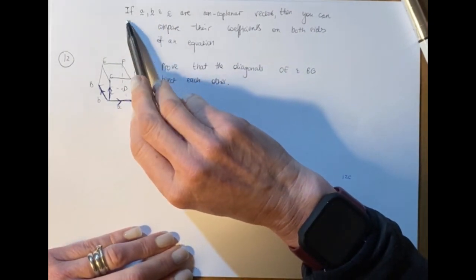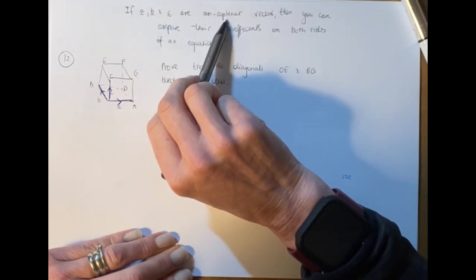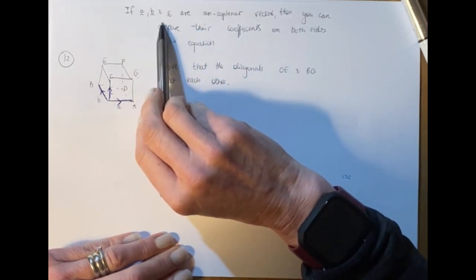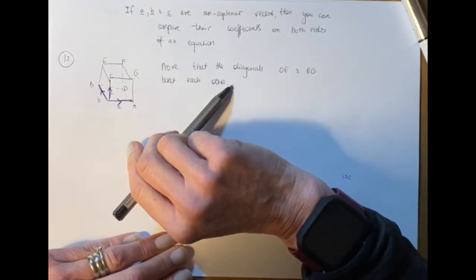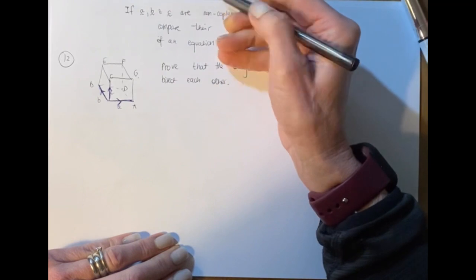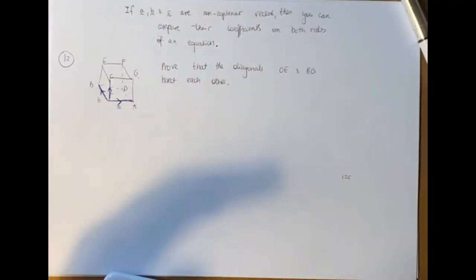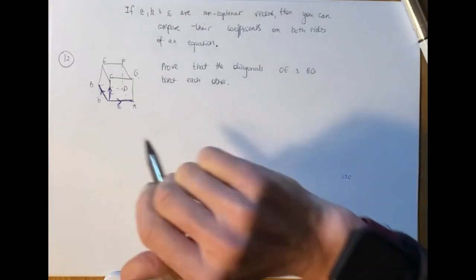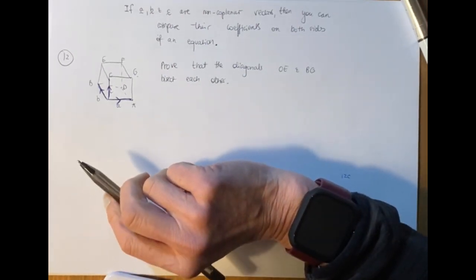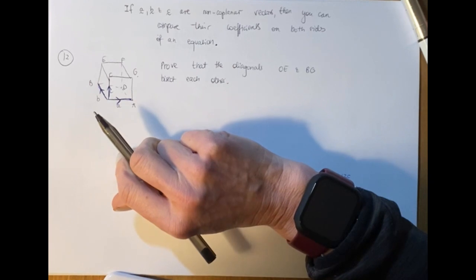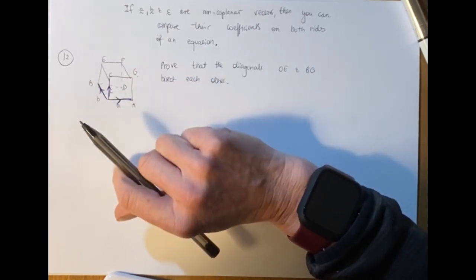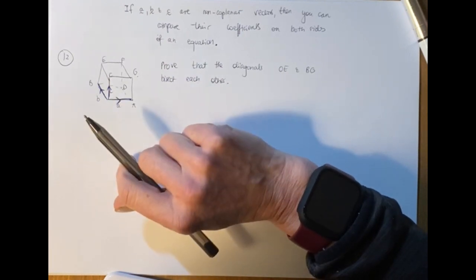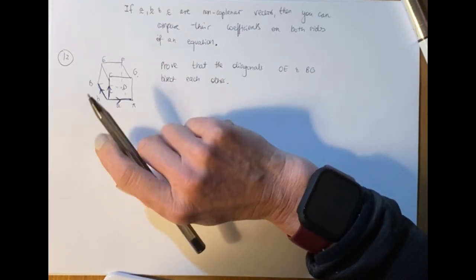If you've got three vectors that are non-coplanar, that means they do not belong on the same plane, then you can compare their coefficients on both sides of an equation. If you've got a combination of these and you know that combination is equal to another combination, then you can compare their x components, so your i parts, j components and k components, so y and z components, and they should be equal to each other if it's an equation.